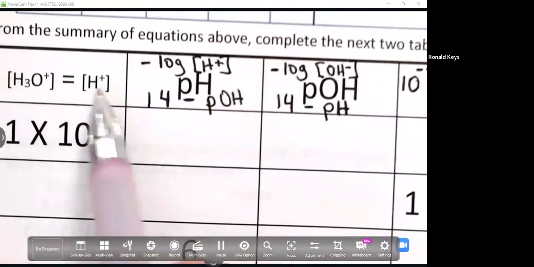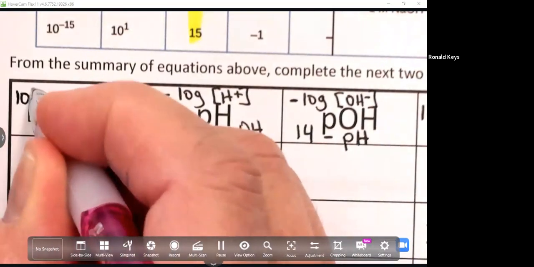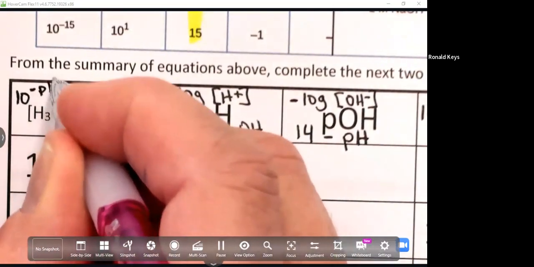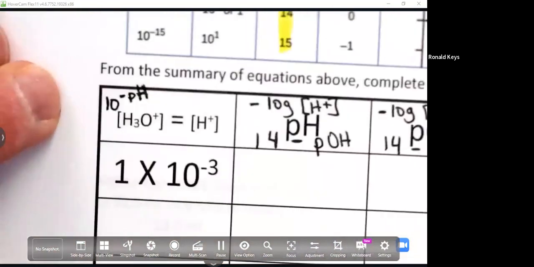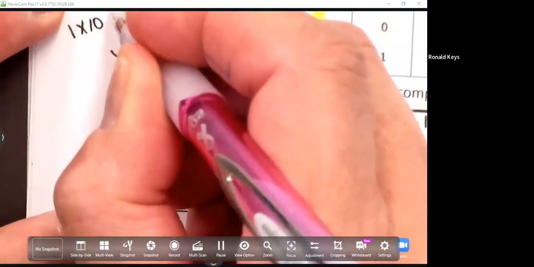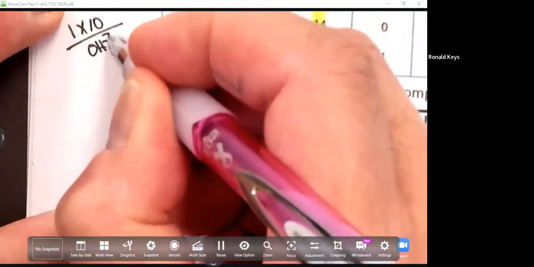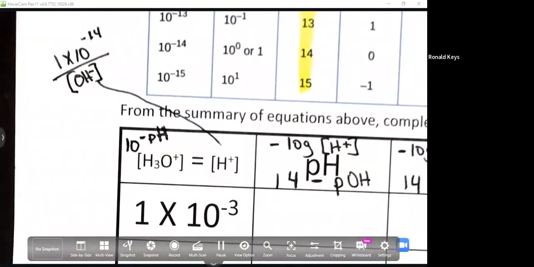In this column, to get our H plus or H3O plus, there's two ways to do it. 10 to the negative pH. The other way to do it is 1 times 10 to the minus 14 divided by our OH minus. There's two ways to get everything here.